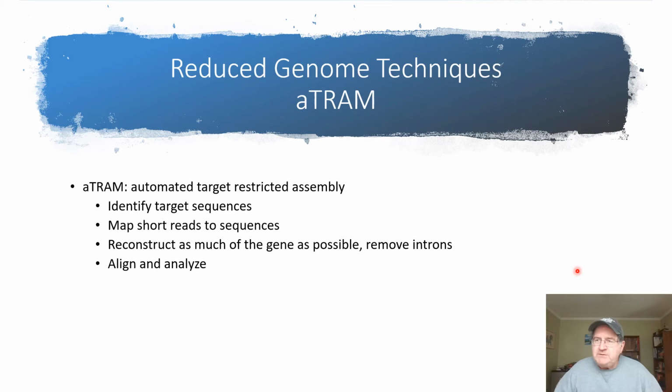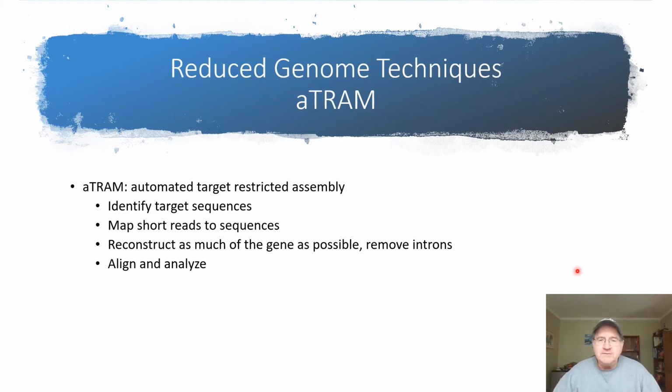So typically you would start out with maybe one or a few whole genome sequences that you've assembled and annotated and found what genes, and then look for orthologs in other organisms. And then you want to make sure that these orthologs occur only in single copies, because if you have multiple copies, that is paralogs, then you might end up comparing paralogs in your sequence alignment and get erroneous results as an outcome. So identify target sequence, single copy.